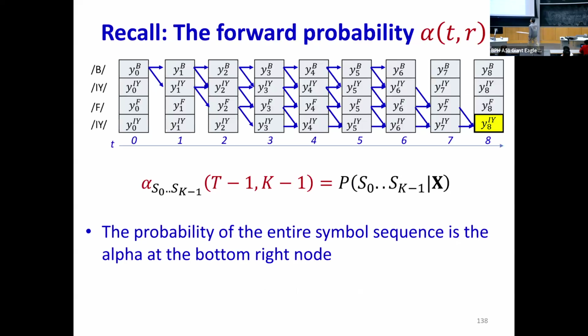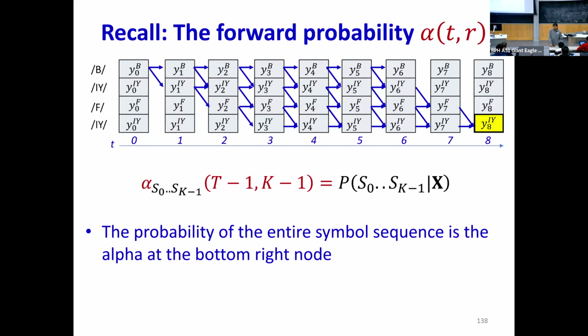Remember, when I aligned a symbol sequence to an input, the alpha down here is the total probability of all alignments of the symbol sequence to the input, right? And so what I want to do is to compute, for every possible output sequence in the world, the alpha at the bottom right, and then pick the symbol sequence for which this alpha was highest. But is that feasible?